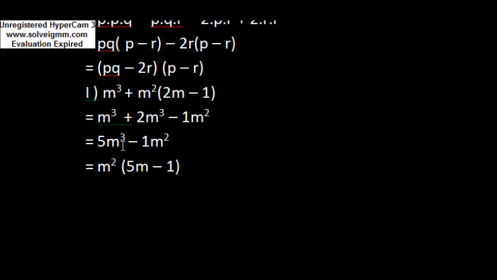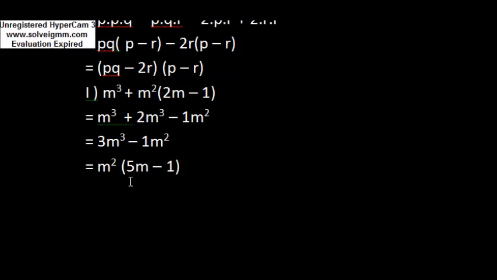Now you can easily add these two terms because both have the same variables. You can see here M cube, here we have 2M cube, so you can add: 2 plus 1 M cube equals 3M cube, and minus 1 M square as it is.